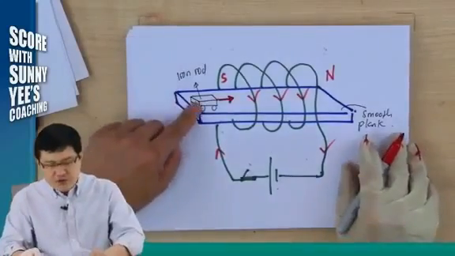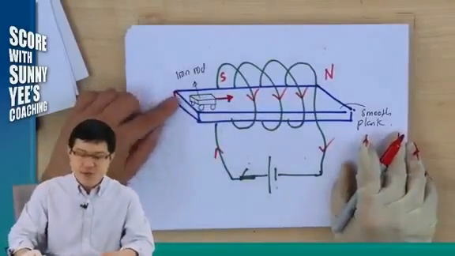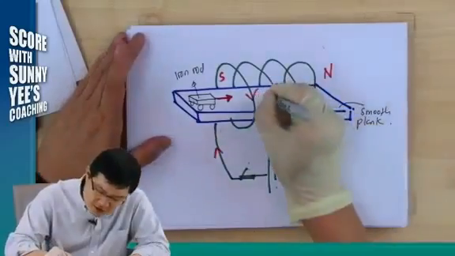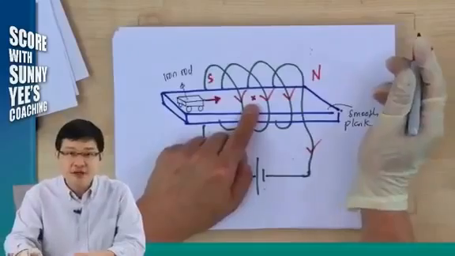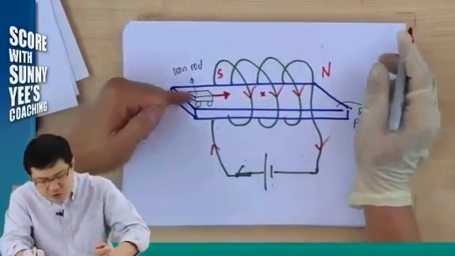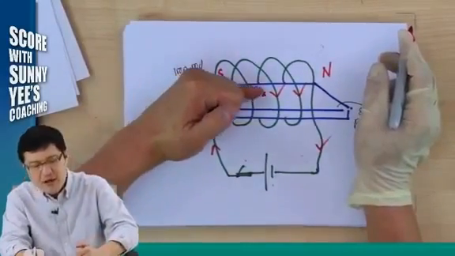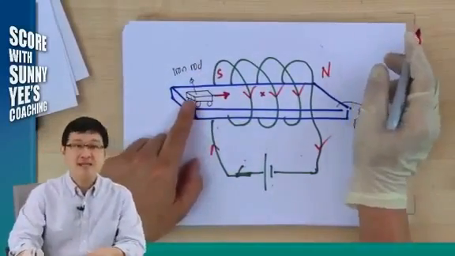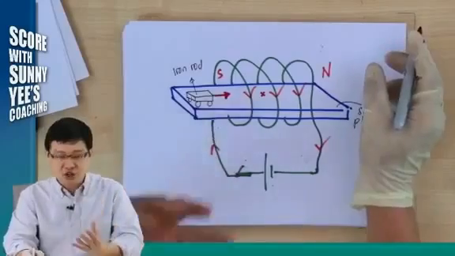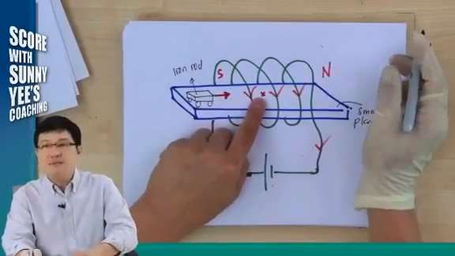When it moves to the right, because the center of the solenoid is the strongest magnetic field, it will be attracted to the middle. However, because the iron rod has mass and inertia, it will not stop immediately.